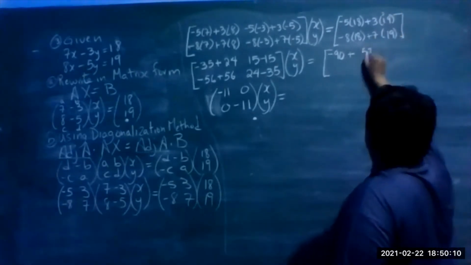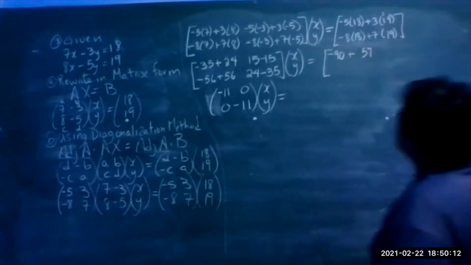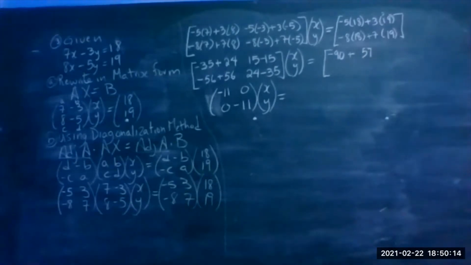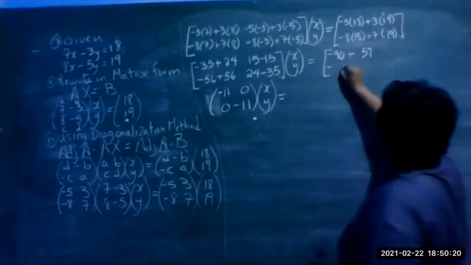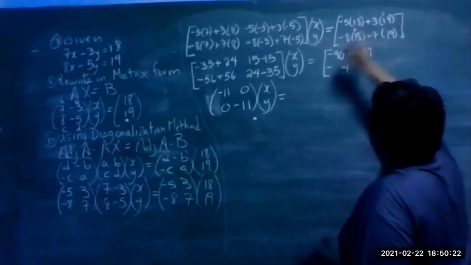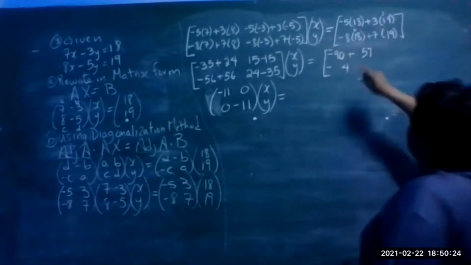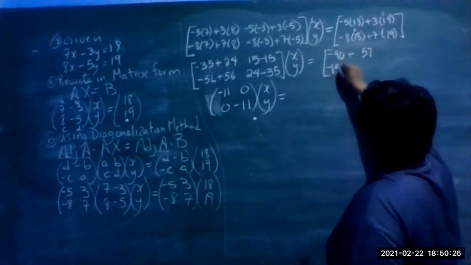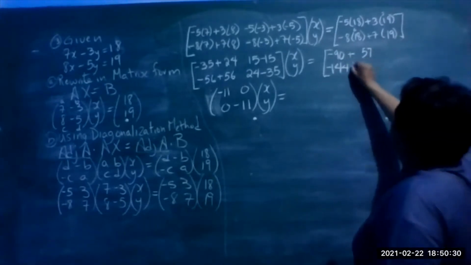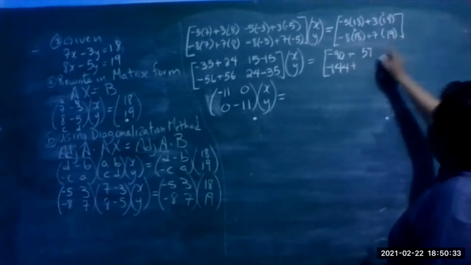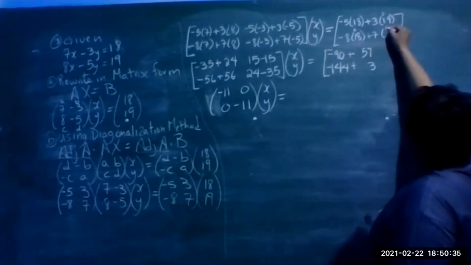That's going to be negative 33 here. Next one, 8 times 18 is 144, plus 7 times 19, which is 133.